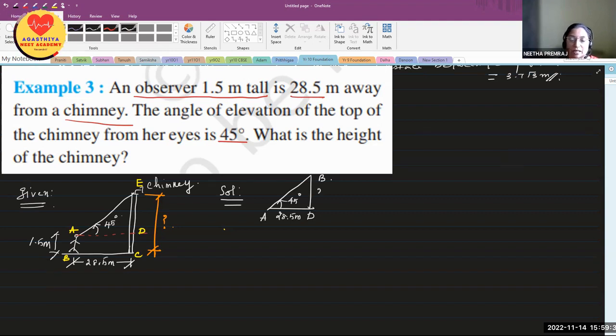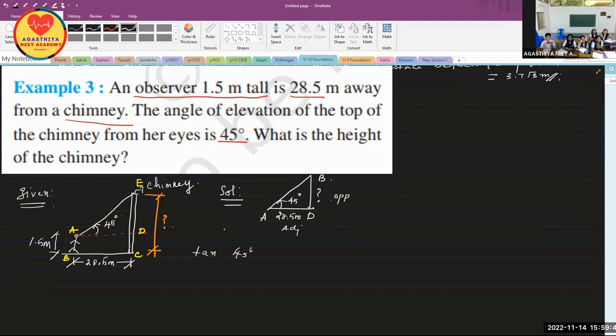Tell me, what is the idea? What trigonometric ratio to be used? This is opposite, this is adjacent, so you are supposed to use tan. So tan 45 is BD over 28.5.